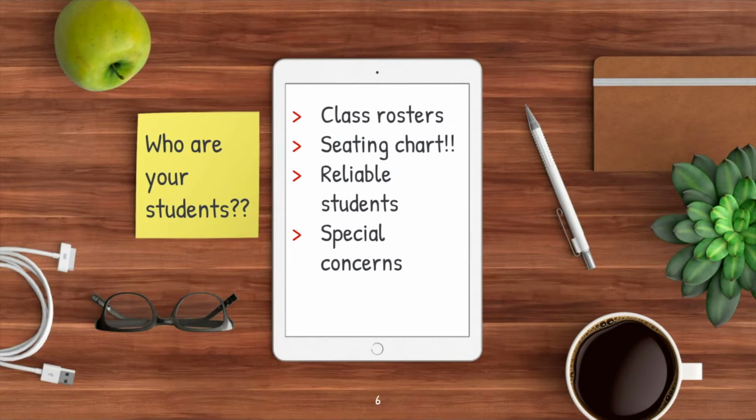They know that they are a guest there, only there for one day, and they know that that substitute doesn't know the norms of their classroom, and the substitute doesn't know their names or anything. So they will try to get away with stuff. And being able to call across the room, John, sit down, Lisa, put your phone away, it makes a huge difference being able to call them by name.